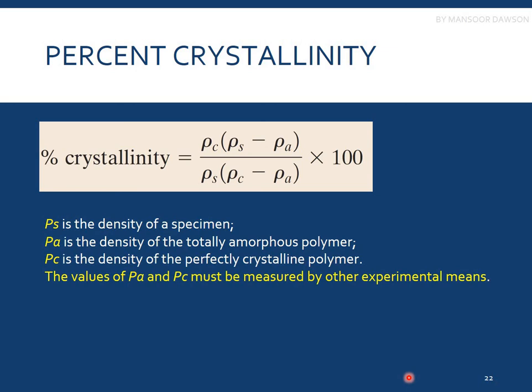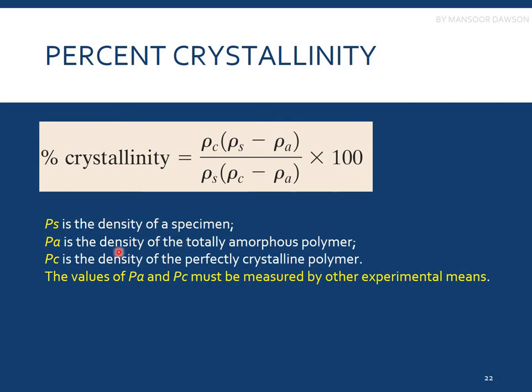We can calculate it from the densities of the crystalline solid and the amorphous solid, and rho S is the density of the whole specimen, the actual density basically. So we'll use this formula to determine the percentage crystallinity of our specimen.